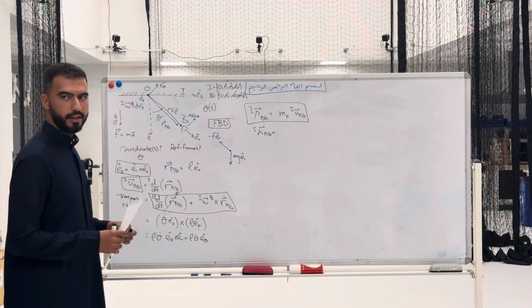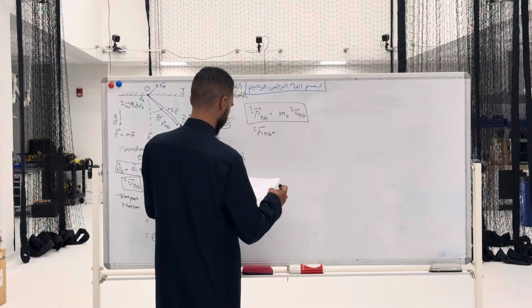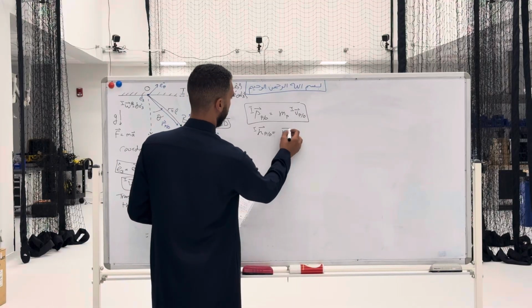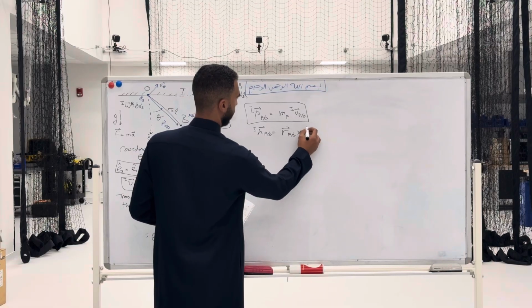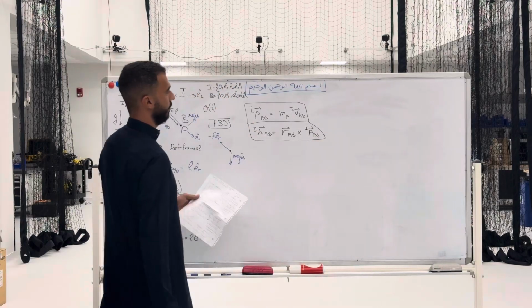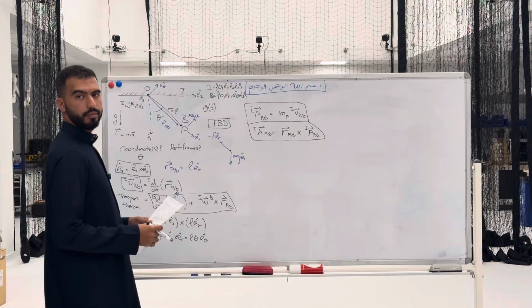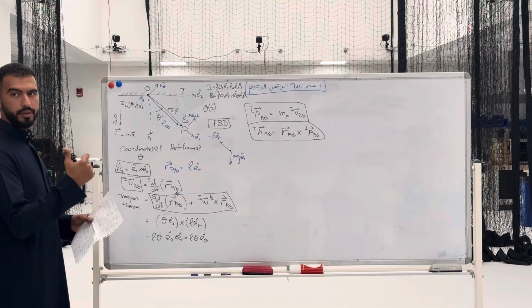The linear momentum times the radius. So it is the R_PO crossed with the linear momentum. So in which direction would it be? E3, right?